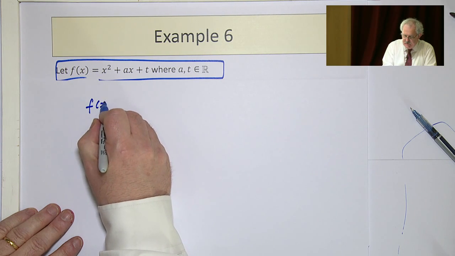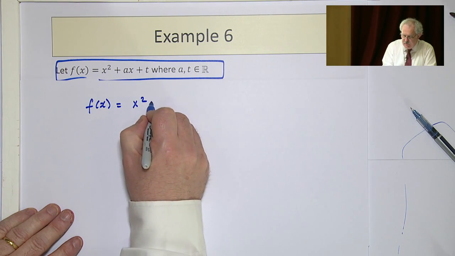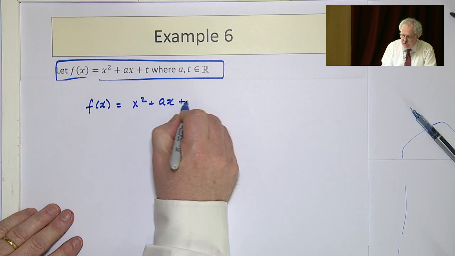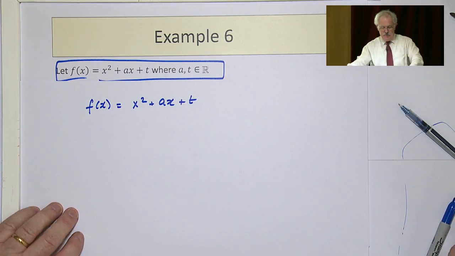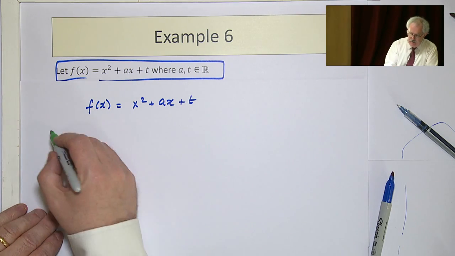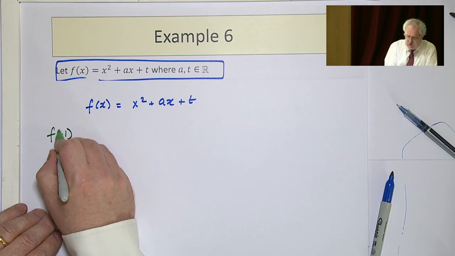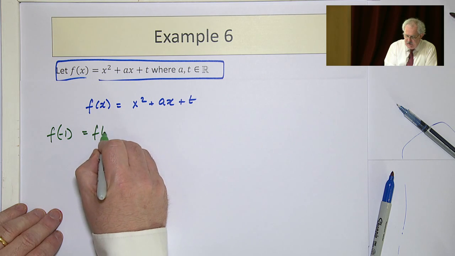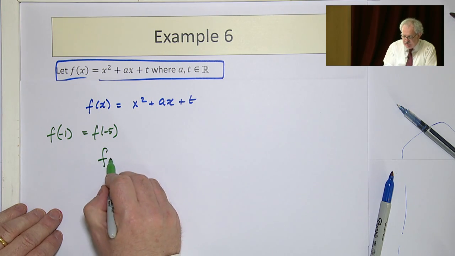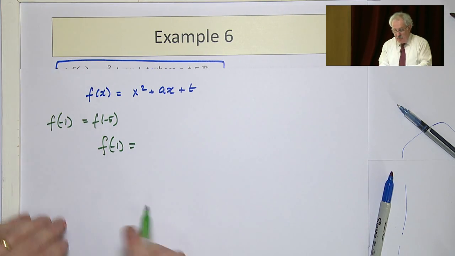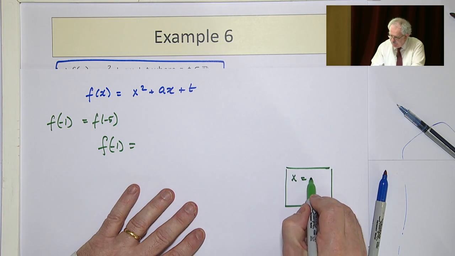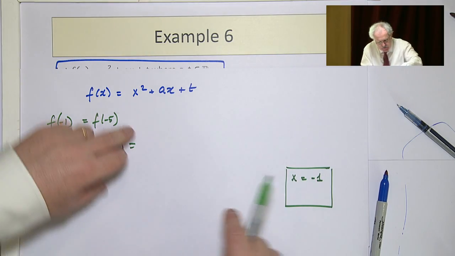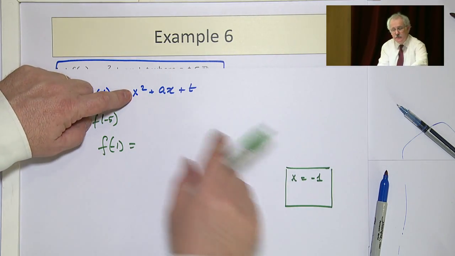f of x is x squared plus ax plus t. We don't know a, we don't know t, but we know x. And we're told that f of minus 1 is f of minus 5. So f of minus 1 would be, from the box, every time I see an x, I'm going to put in a minus 1.